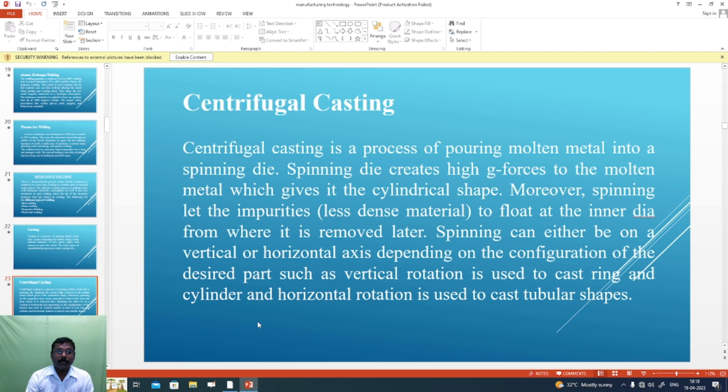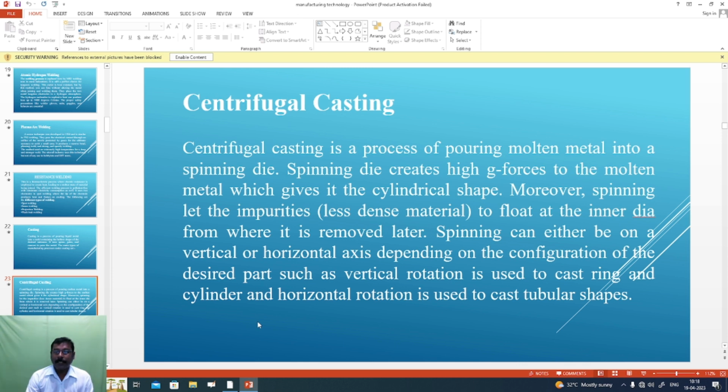Centrifugal casting. Centrifugal casting is a process of pouring molten metal into a spinning die. The spinning die creates high forces on the molten metal, which gives it the cylindrical shape. Moreover, spinning lets the impurities float to the inner diameter, from where they are removed later.